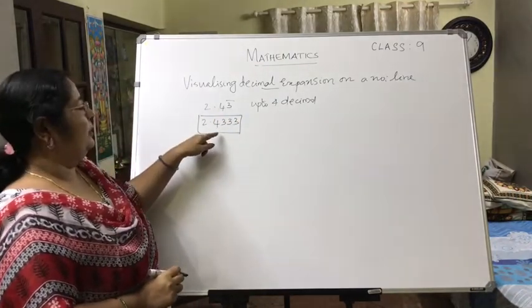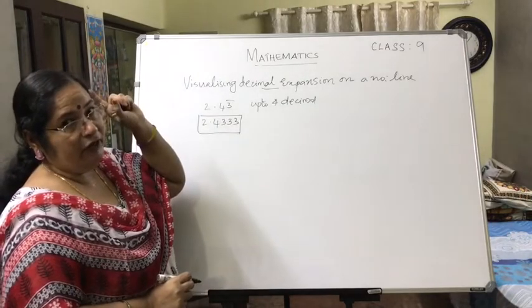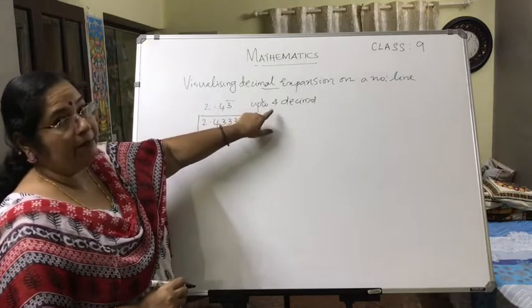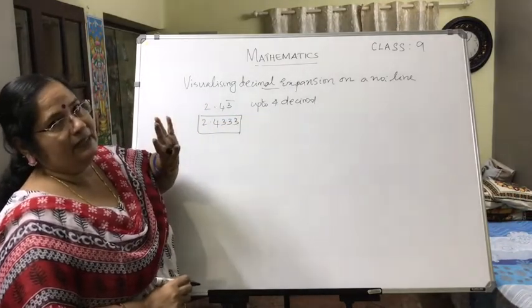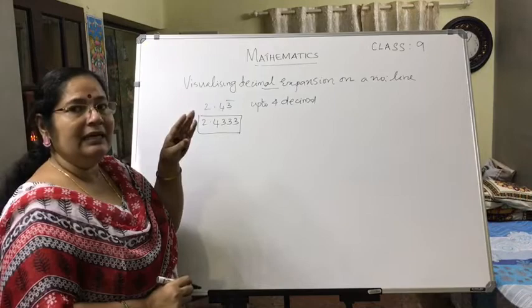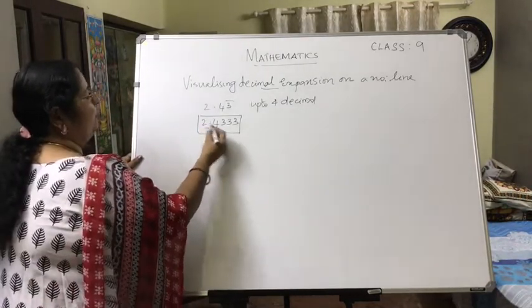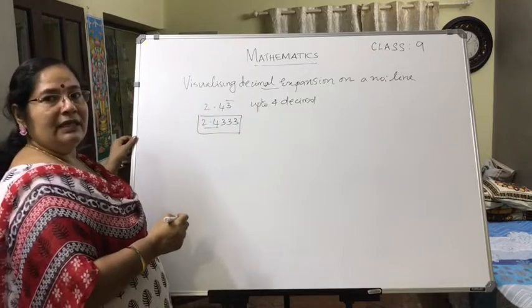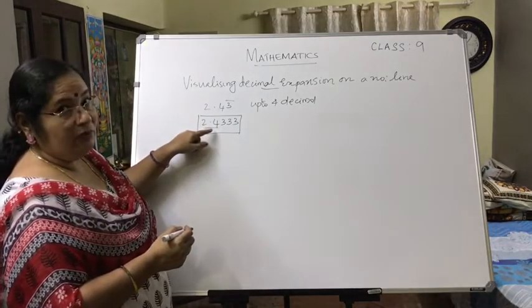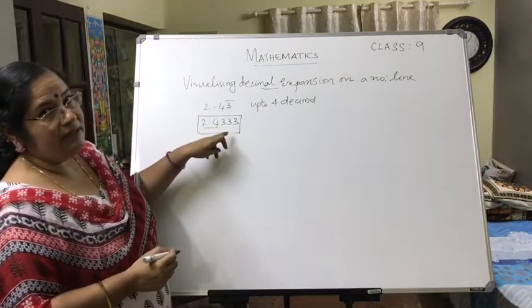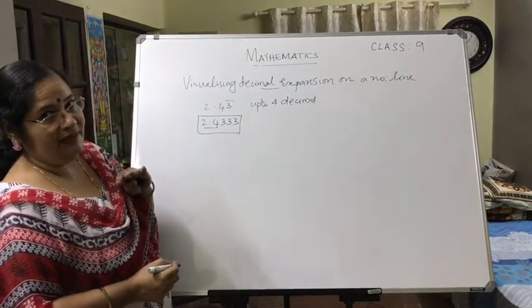And what you are doing here are the same steps you did for a terminating decimal expansion, because we are asked to do only up to 4 decimal places. Where will that come on the number line? First, 2.4 means this will come between 2 and 3. One question: how many decimal places are there? 4 decimal places.